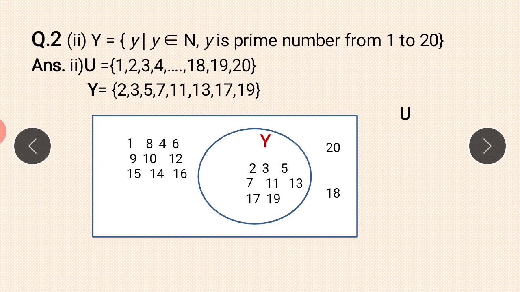Outside of that circle, means in that rectangle, which numbers are remaining? 1, 4, 6, 8, 9, 10, 12, 14, 15, 16, 18 and 20. And then this is the Venn diagram of set Y.